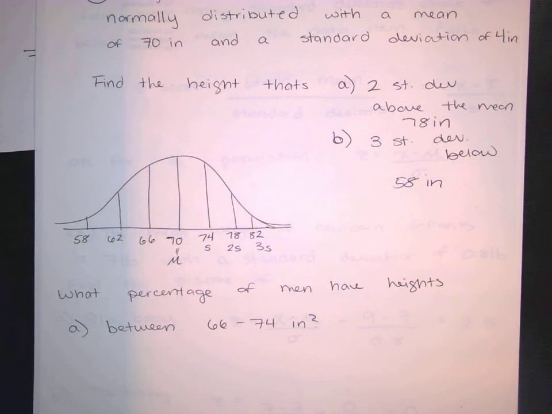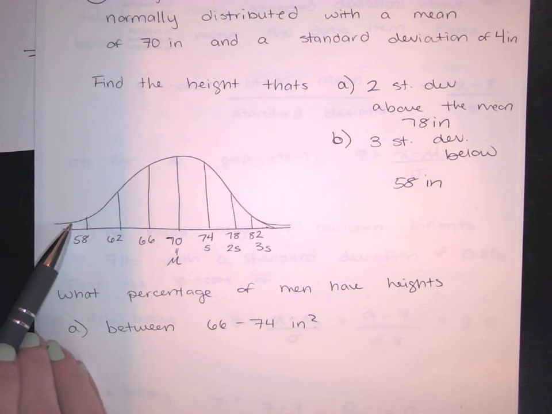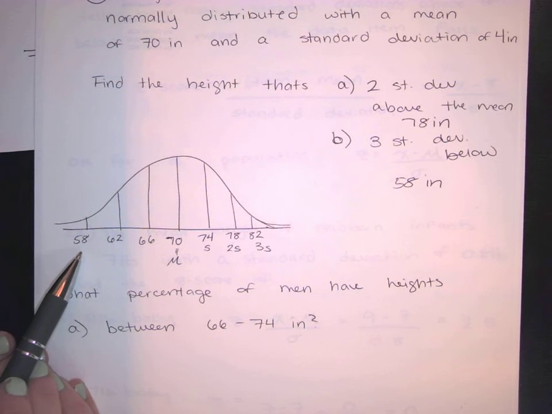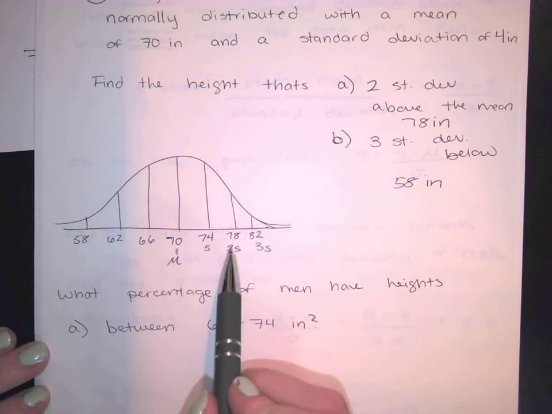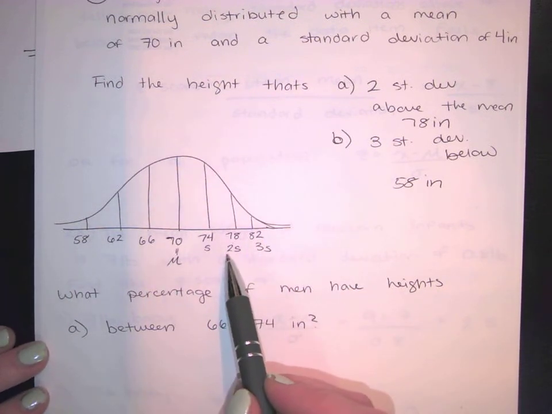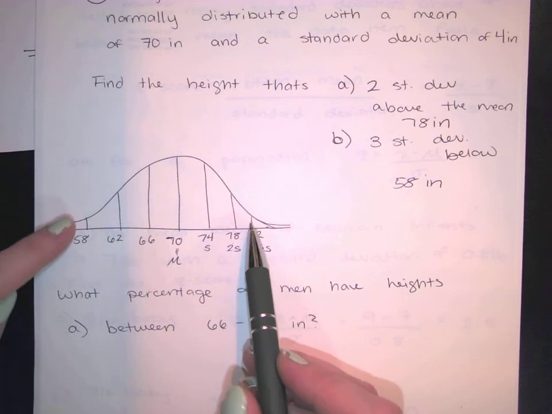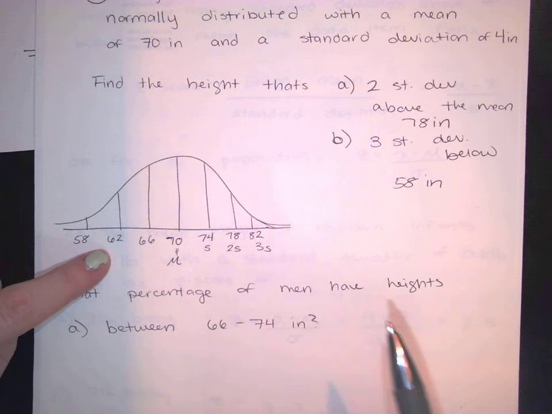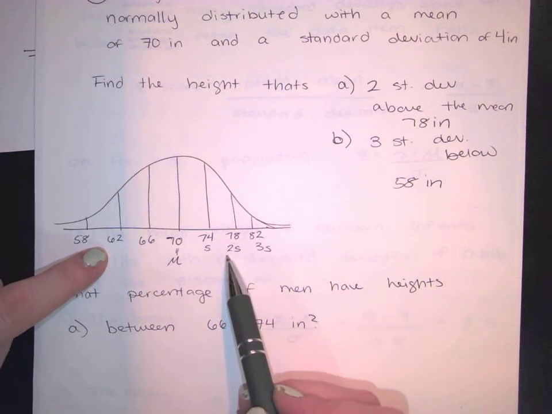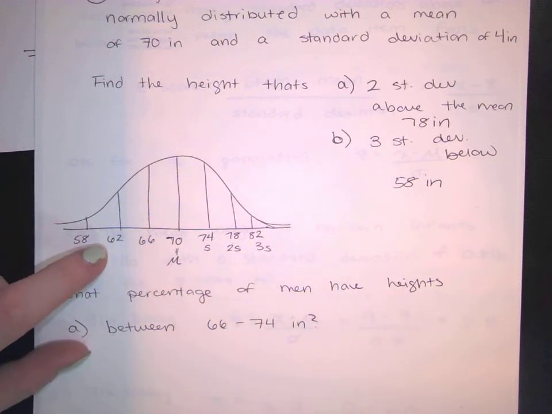Thinking about the 68, 95, 99.7 rule, only 0.15% of people are below here in this tail that never really ends. So somebody that is 3 standard deviations below the mean, or 58 inches, would be a very short man in North America. And somebody that is 2 standard deviations above the mean is pretty darn tall, because 95% of men, remember, are between 62 and 78, within 2 standard deviations.